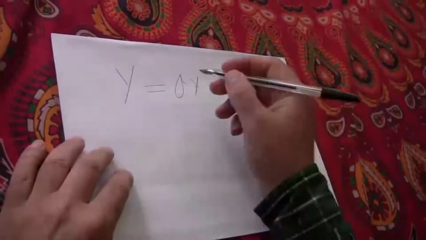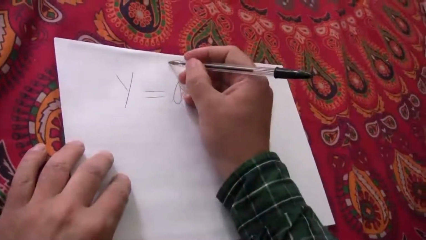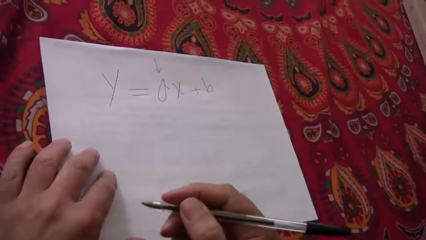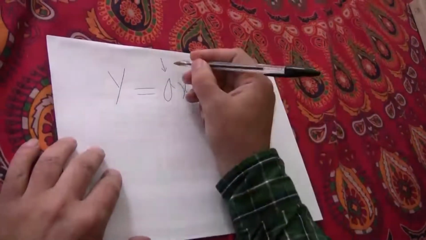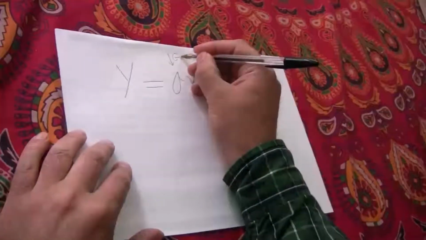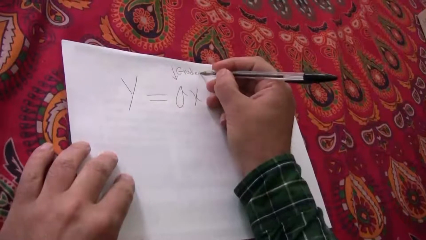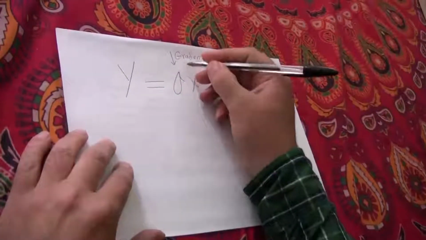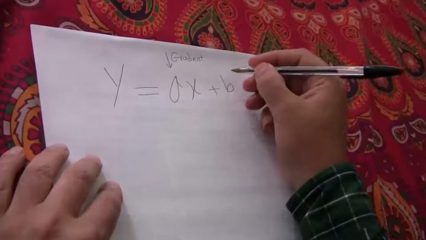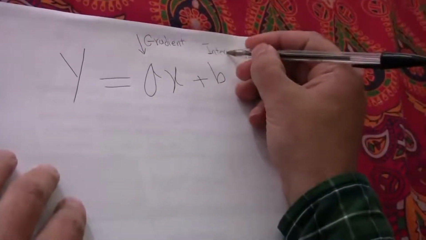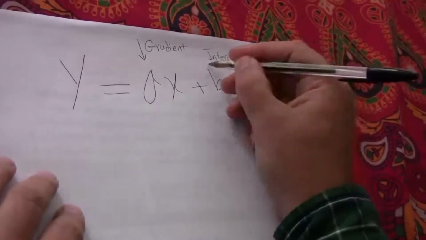As I mentioned, this a is the gradient and this b is the intercept, right?